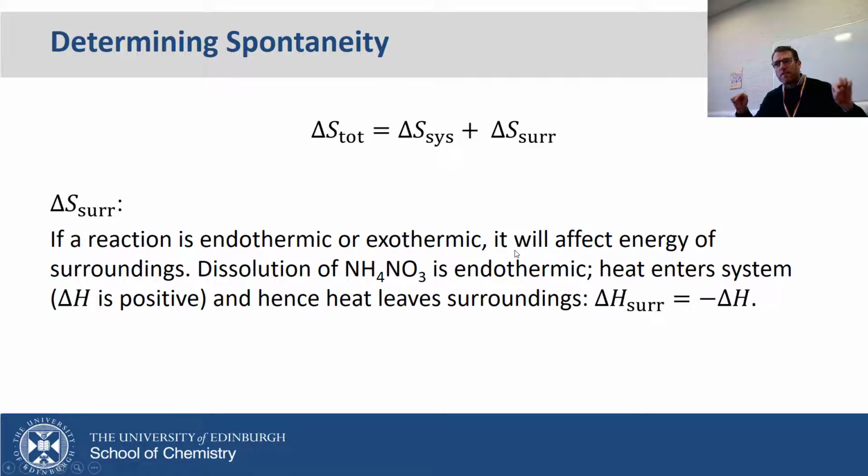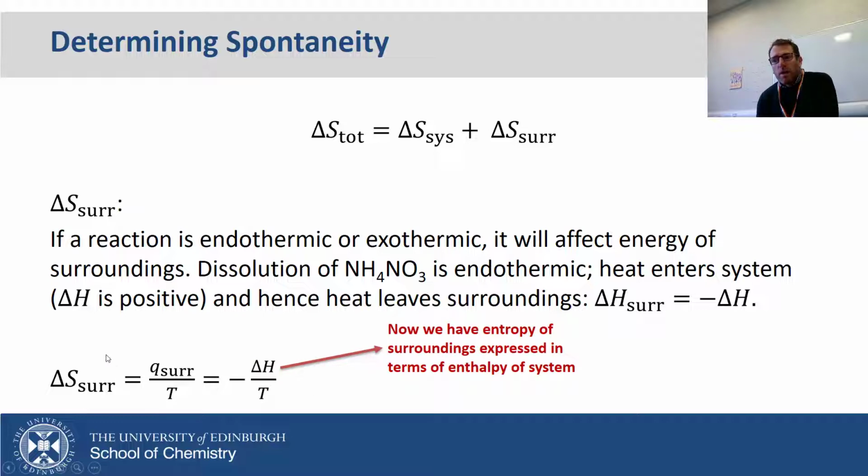So from the perspective of the surroundings, it's exothermic. It's pushing heat away from the surroundings and into the system. Therefore, the enthalpy change in our surroundings will be the negative of the enthalpy change in our system. If I am heating up a system, that heat is being taken from the surroundings, so the amount of energy in the surroundings is decreasing.